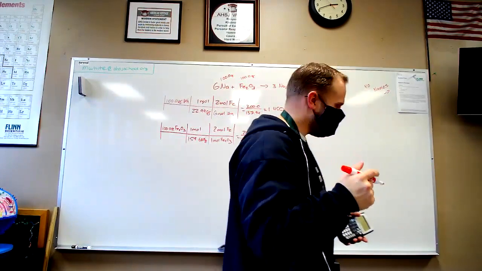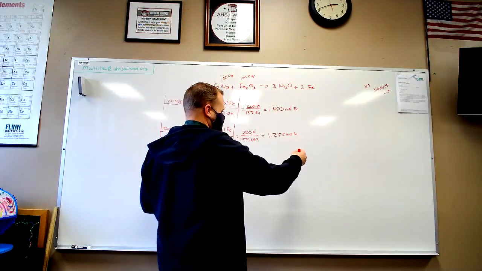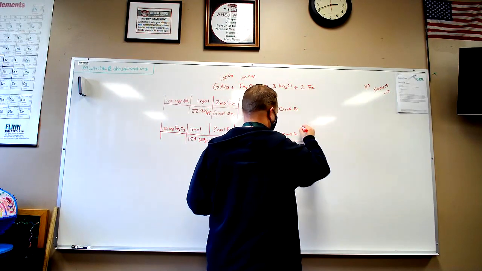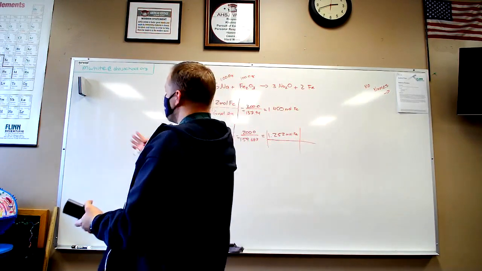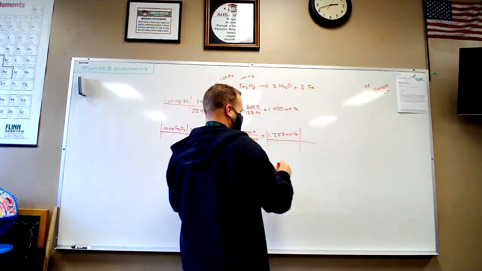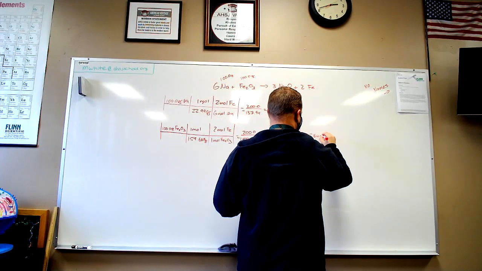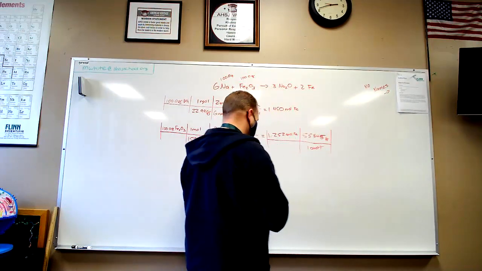grams, okay, you can take this right here and convert it to grams. All you have to do is go to our periodic table once again. Iron, 55.845 grams, 1 mole. Okay.